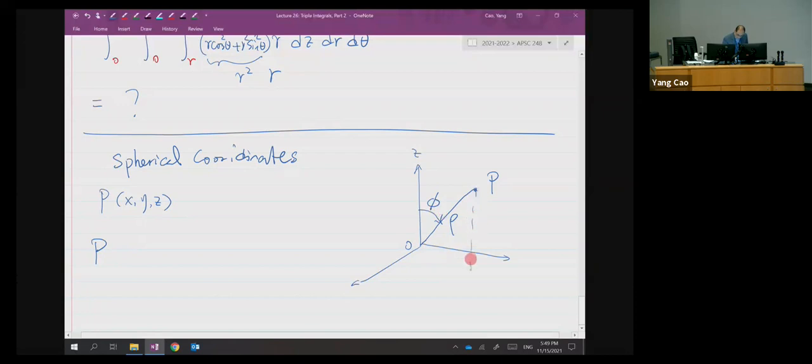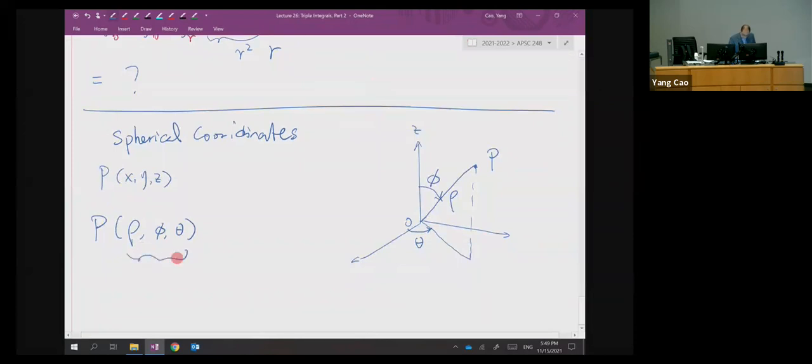And the last variable, you project the point P into the XY plane, like the r in cylindrical coordinates, and then here is your theta. So your point P can be described by these 3 variables, rho, phi, theta. And these 3 variables rho, phi, theta are what we call spherical coordinates.